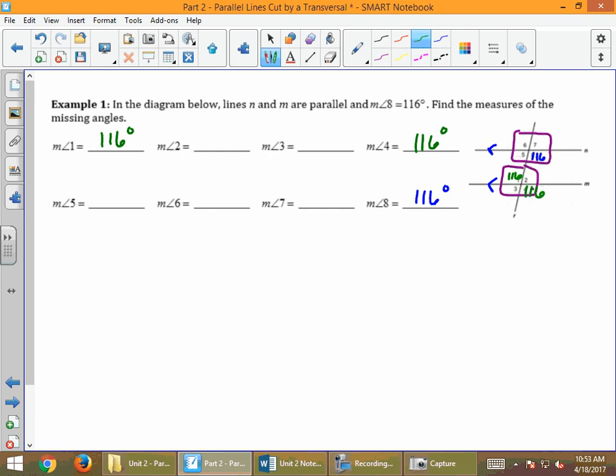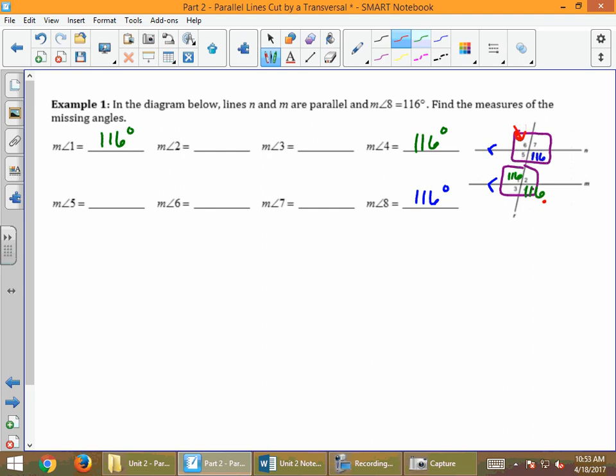Figure out some more that are missing. Well, if you look here, you can't really find any more that are the same as angle 8, but angle 4 is on the outside. And we know alternate exterior angles are the same. So the alternate exterior angle to angle 4 is across. That's also on the outside. So that's angle 6.